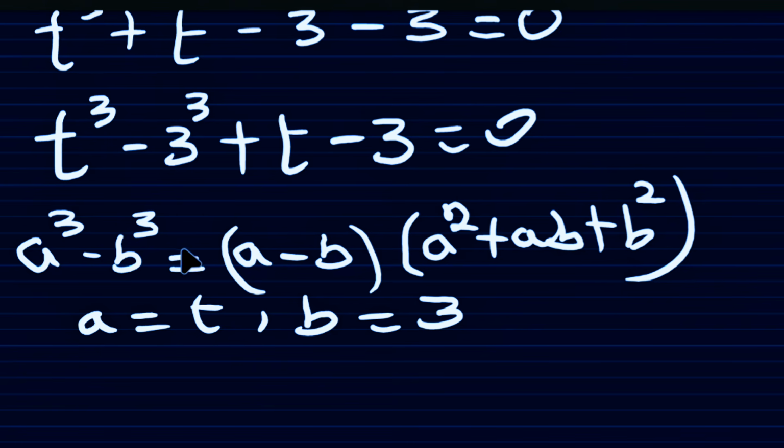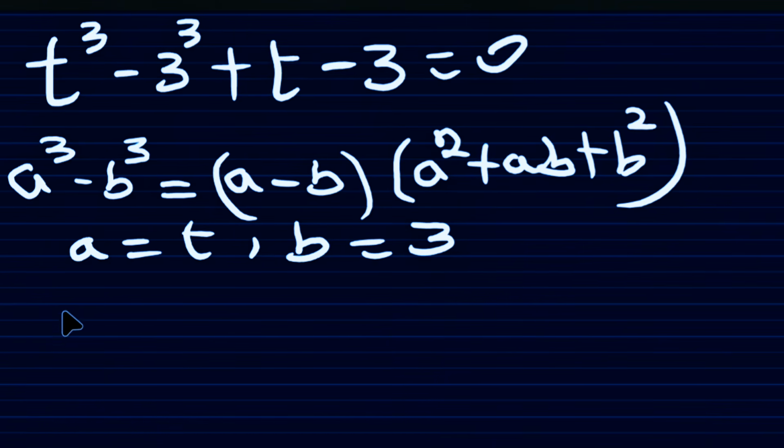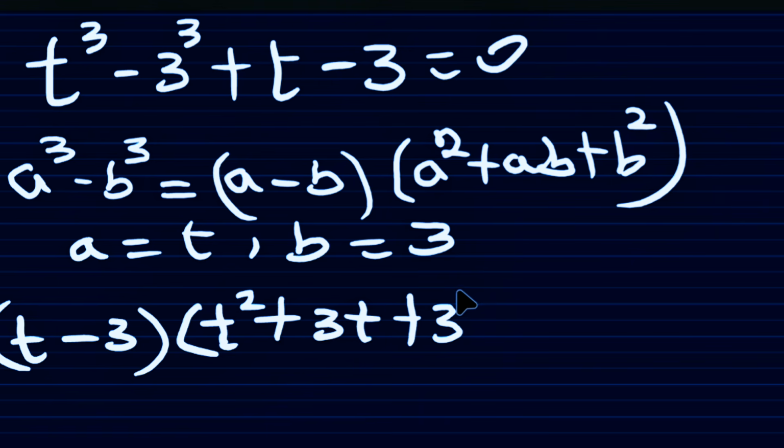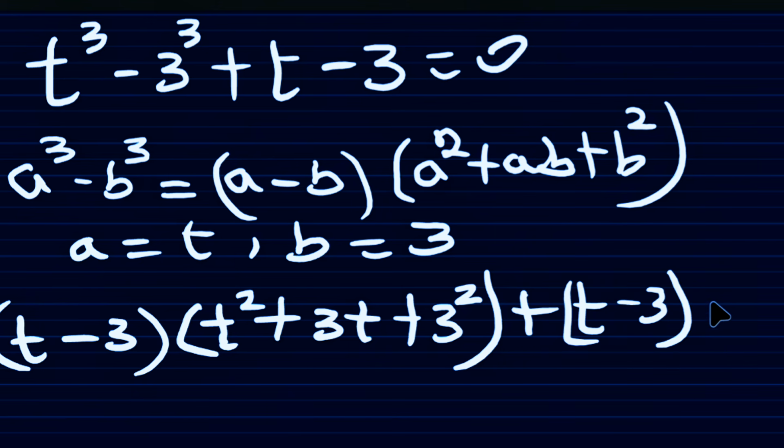We have (t - 3), put that in parentheses, open another parenthesis, a squared will now be t squared, plus ab will now be 3t, then plus 3 squared. We'll put this in parentheses, and remember that I have t - 3 here, so plus (t - 3). This should be in parentheses as well.